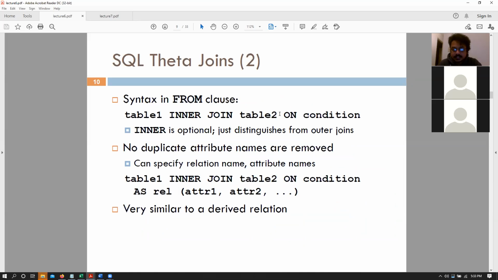Essentially we can specify the join that we want using the on condition, and we can then specify whether it's an inner, full outer, or left outer join. Inner join is the default join operation, so you can ignore it, or you can specify whether your join is an inner join or an outer join.